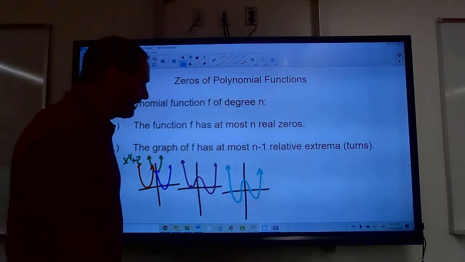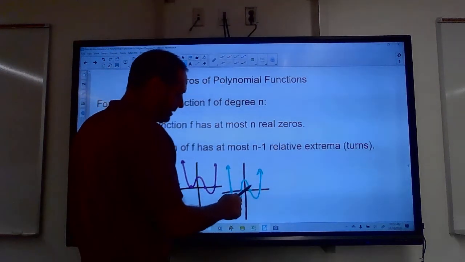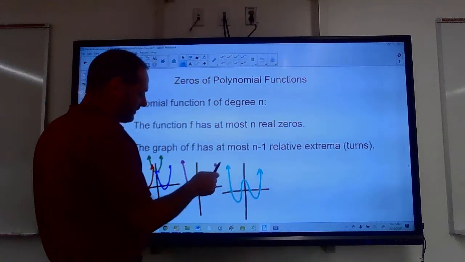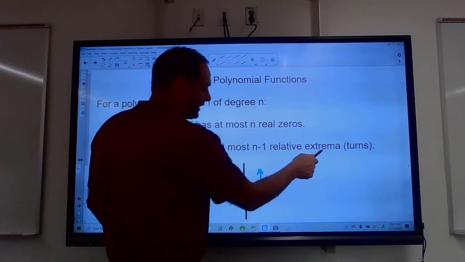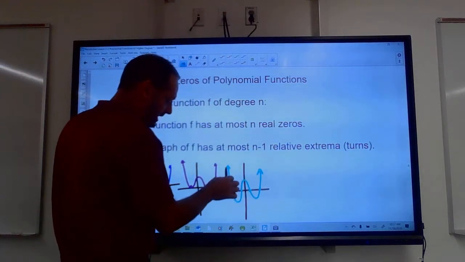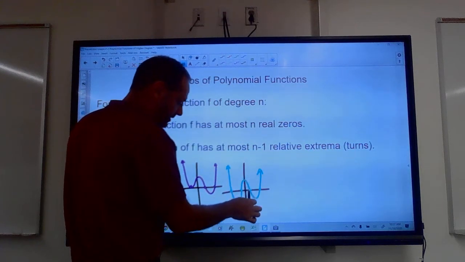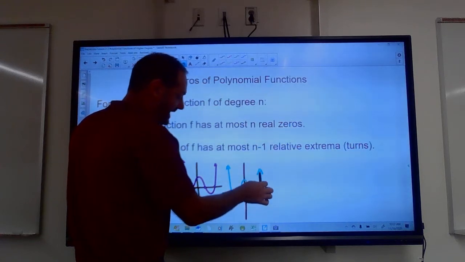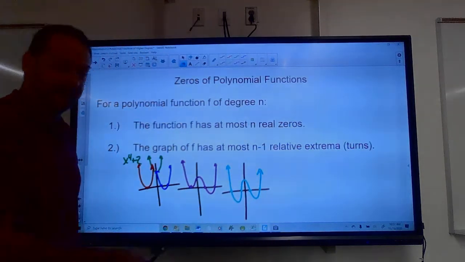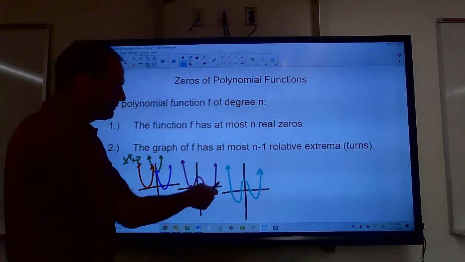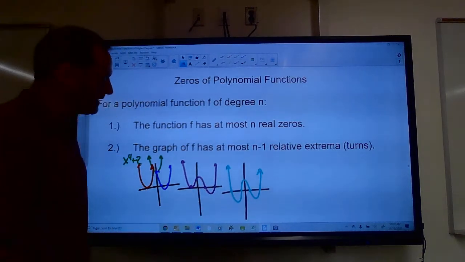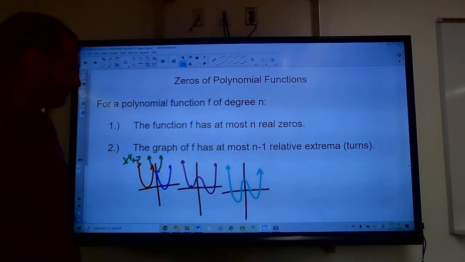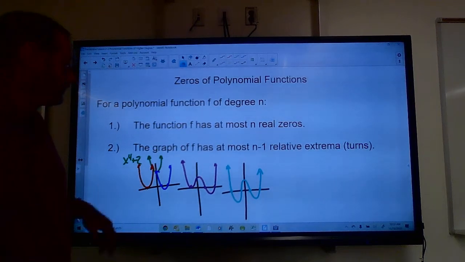Why can't it have 5? Well, I've got 4 here. If it's a degree 4, it can have at most 3 turns. So I have 1 turn, 2 turns, 3 turns. Now I can't turn to come back to cross that x-axis again. Same thing over here. I can't cross it on this end either. So that's why it's maxed out.